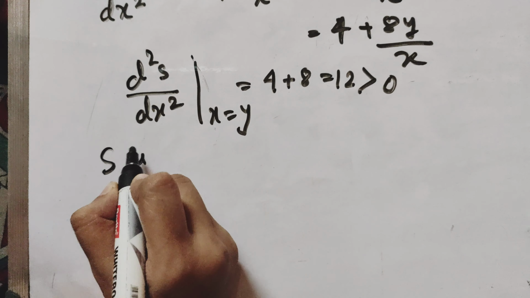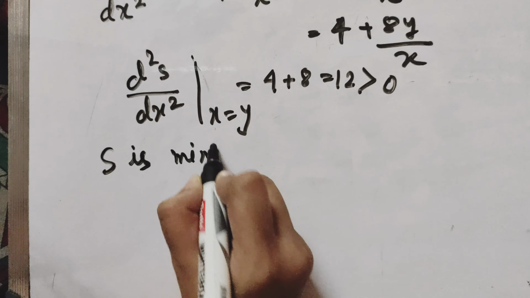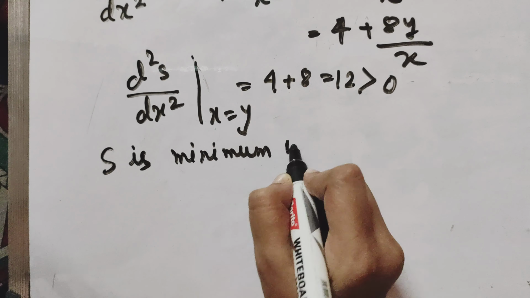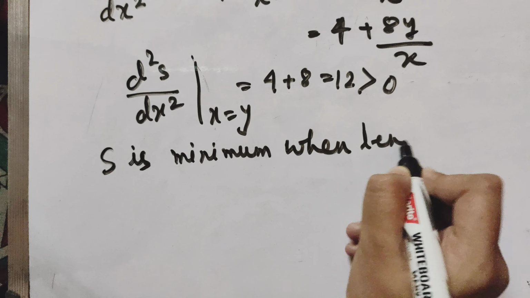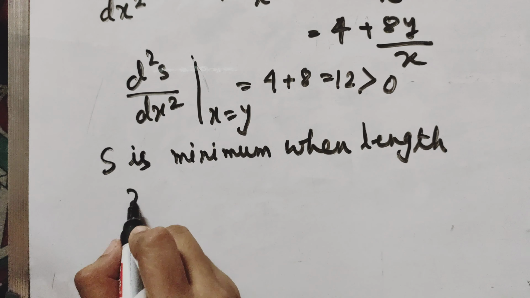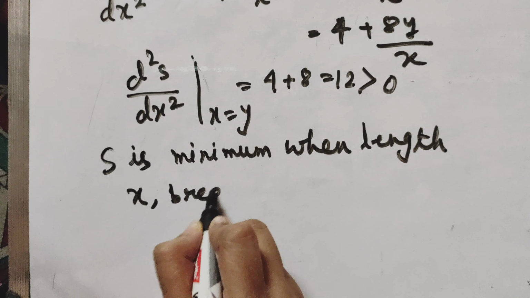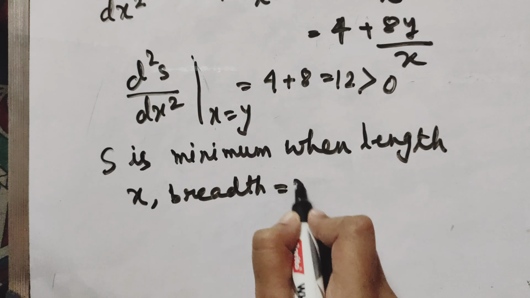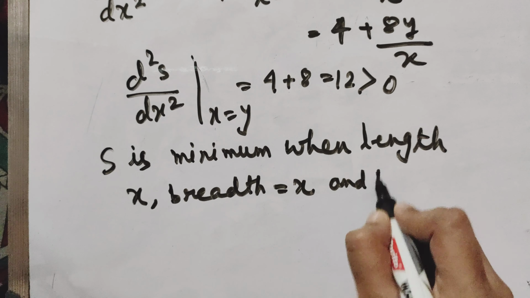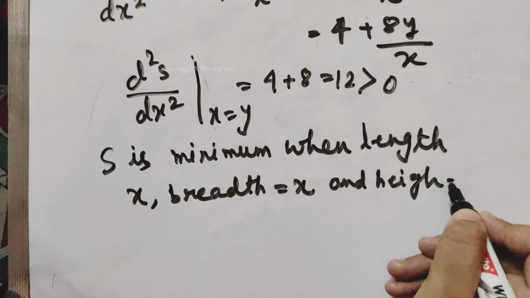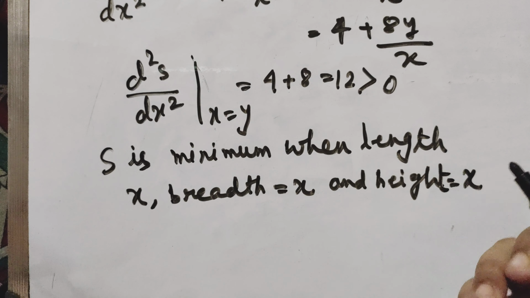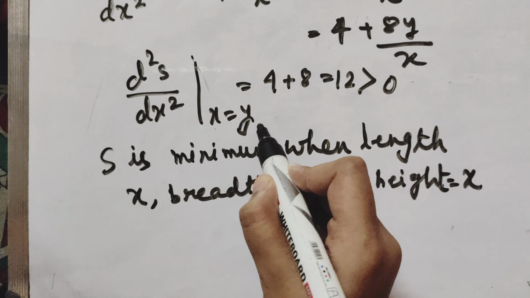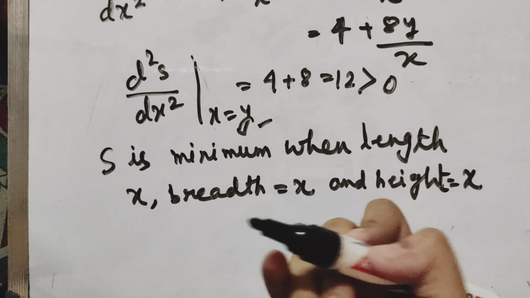So S is minimum when length x, breadth x and height is also x, because y is our height.